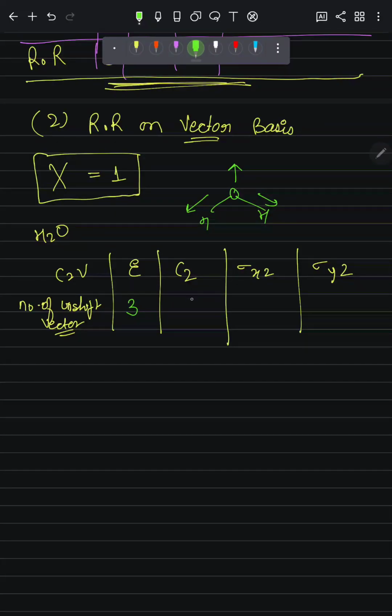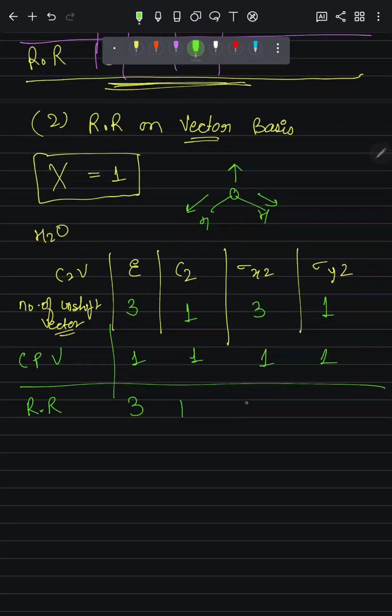And after putting identity, and after putting C2, 1 will be here, and it will be the same just like in the previous. And the contribution per vector will be 1 1 1 1. So the reducible representation here will be 3 1 3 1. This is the answer.